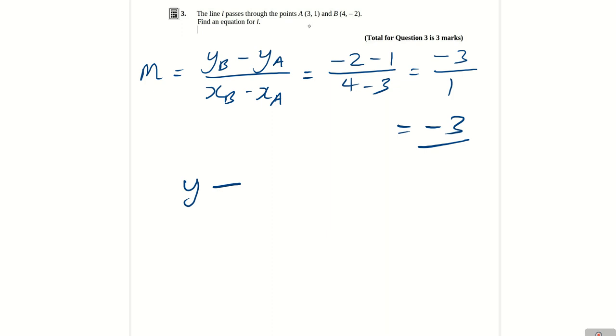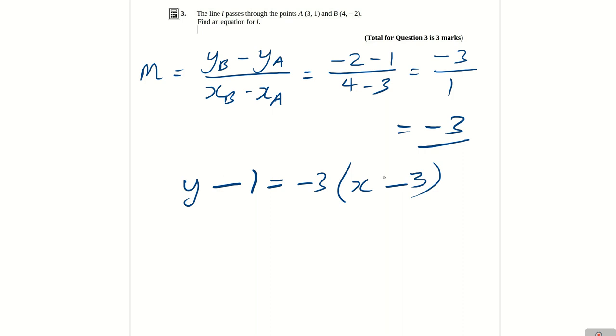If we just do point A, so it's going to be y minus 1 has got to equal m, which is minus 3, lots of x minus, and then the x value at point A is 3.